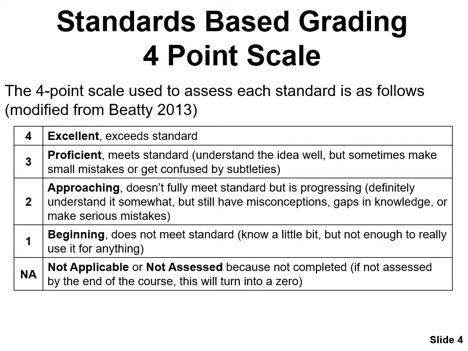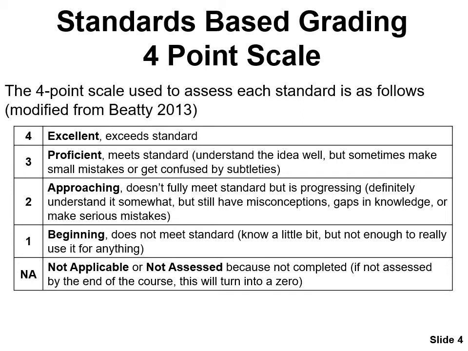In general, I see proficient as an A- or B+ sort of range, whereas approaching is more the C range, so to speak. I also use an almost excellent, which in number terms is a 3.5, when something is not truly excellent, but it's super close.